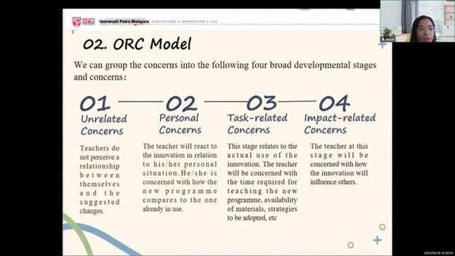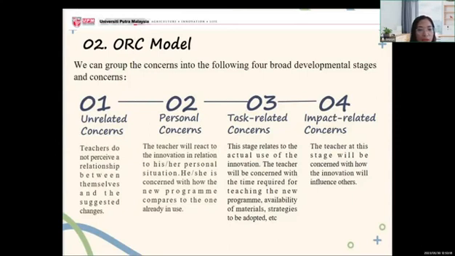Number three, task-related concerns. This stage relates to the actual use of the innovation. The teacher at this stage will be concerned with the time required for teaching, the availability of materials for the new program, strategies to be adopted, etc. Number four, impact-related concerns.